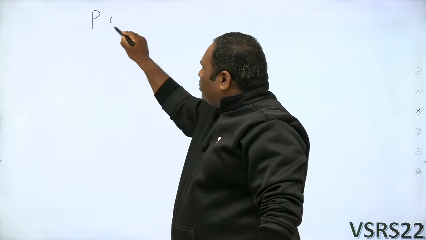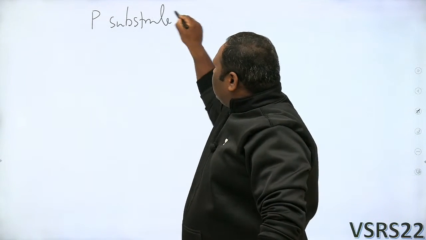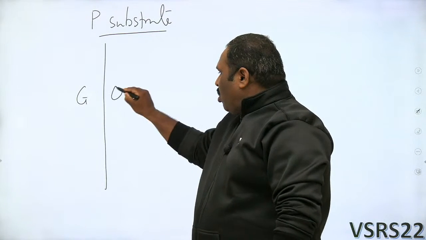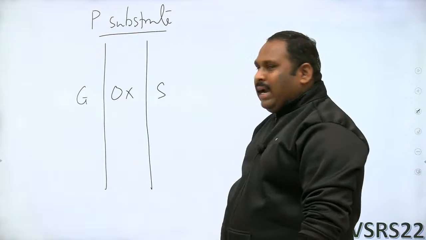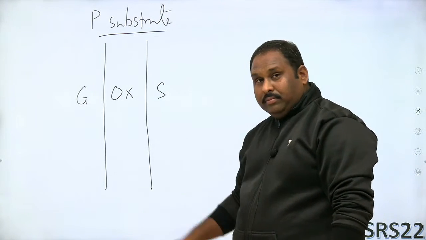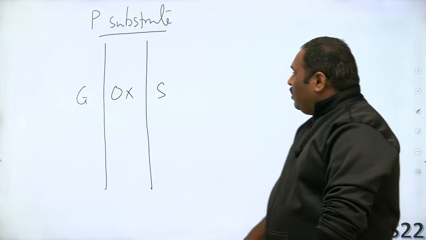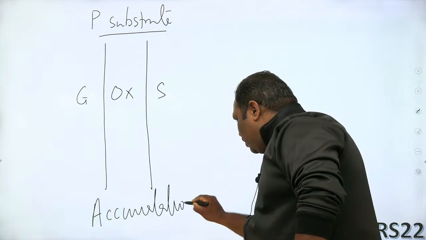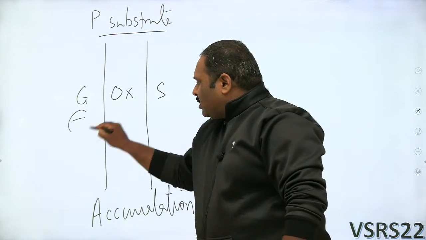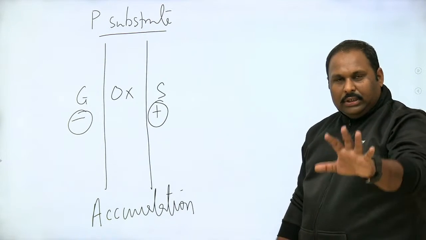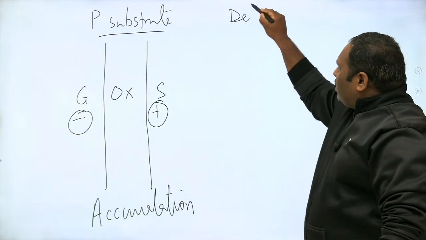The analysis is this. If you look at a P substrate, gate, oxide and semiconductor, this forms a capacitance. That's it. This is accumulation mode. The accumulation is such that the gate will be minus, and this will be acting as plus. This is accumulation mode. What is depletion mode?